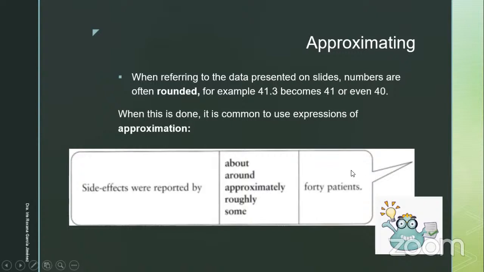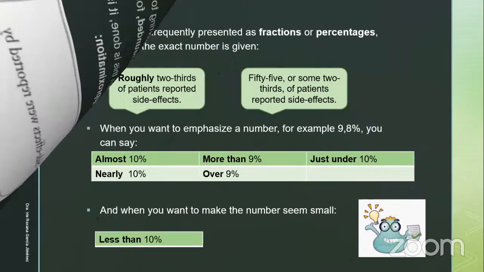It's better to round it and make it easier. The most important expressions we can use for this: about, around, approximately, roughly, some. All of them are synonyms in this context. Side effects were reported by approximately 40 patients, for example, or reported by around 40 patients. It makes it nice, it makes it easier.